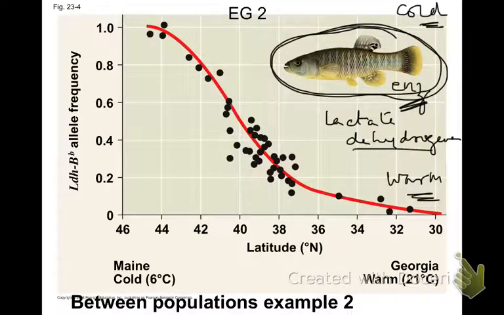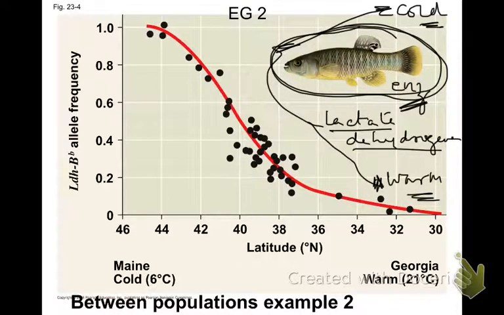This lactate dehydrogenase is present in the fish in the cold areas, and present in the fish in the warm areas too. But the ones present in the cold areas seem to prefer the cold. The same enzyme type is not present in the population of fish in the warm areas.